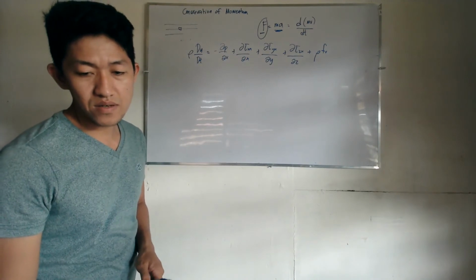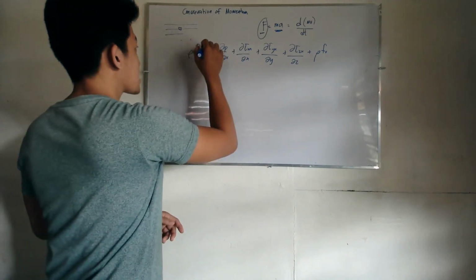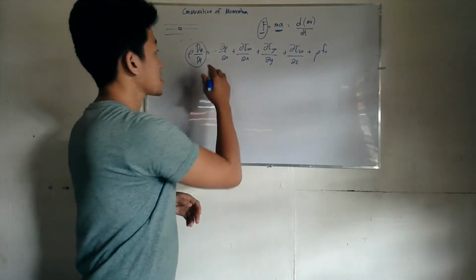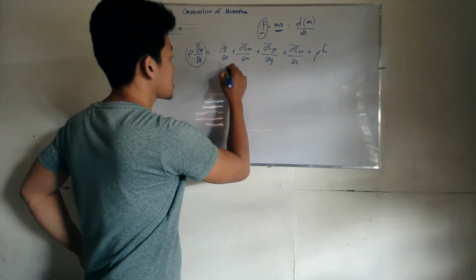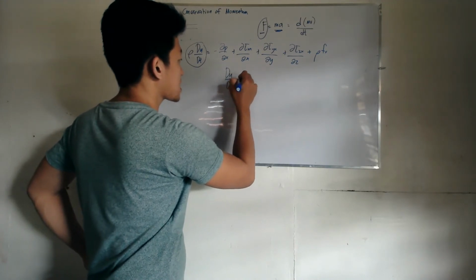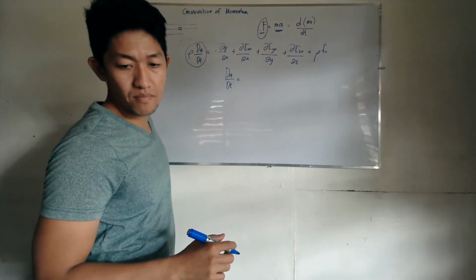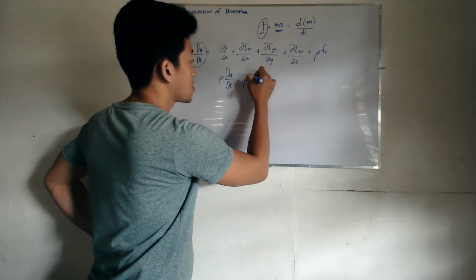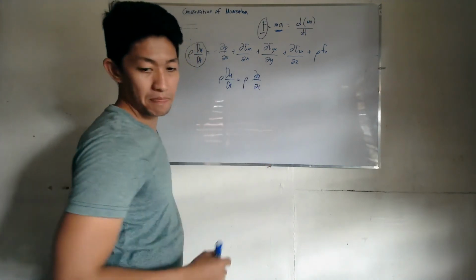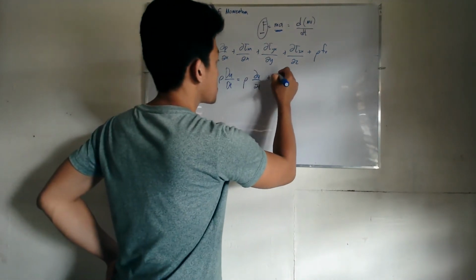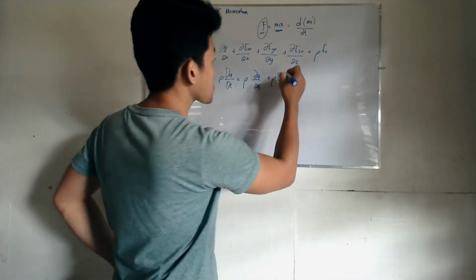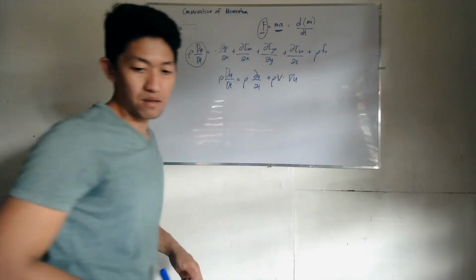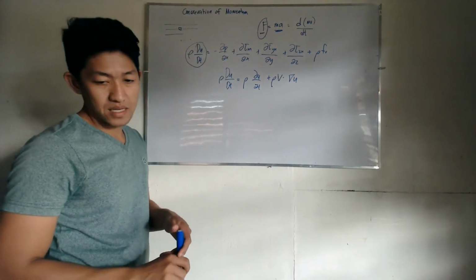So we need to find the value of du over dt. Based on the meaning of the substantial derivative, du over dt equals rho partial of u partial of t plus rho v dot del u. Okay?